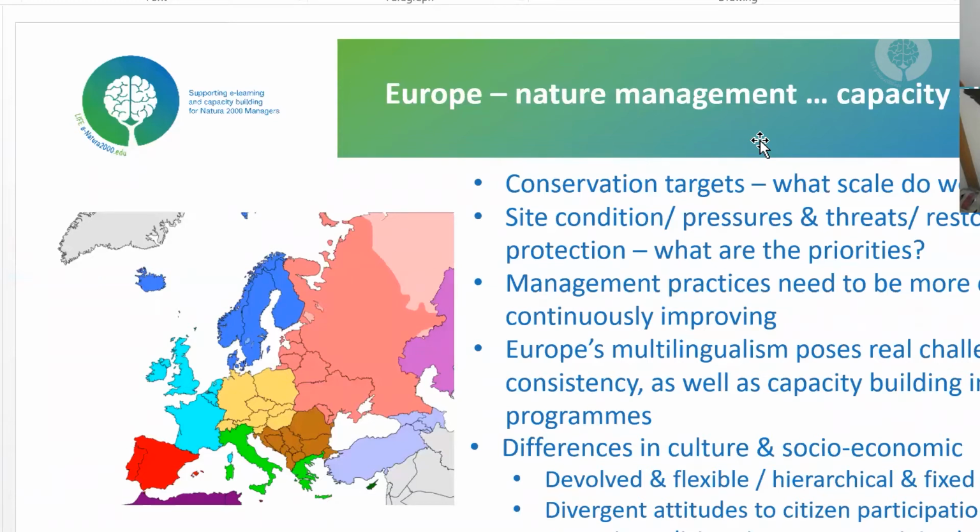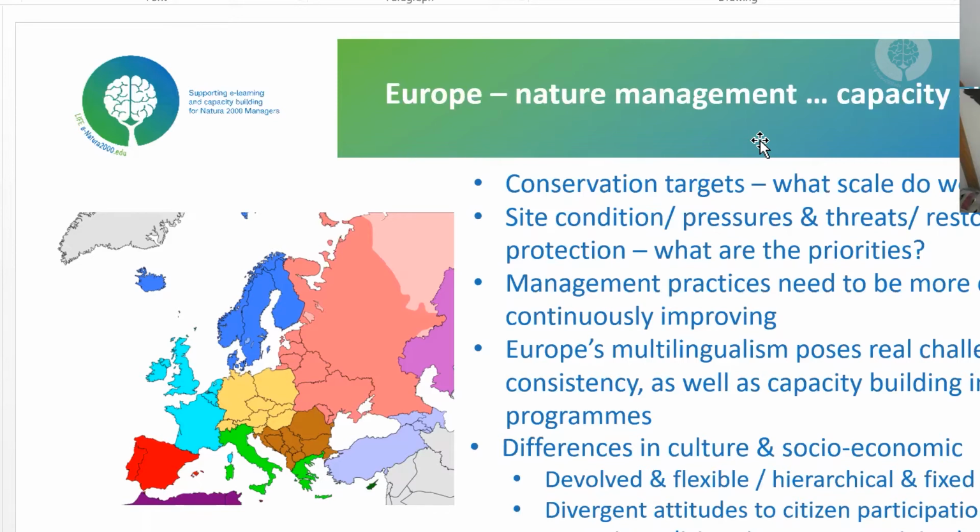Is the imperative to tackle the pressures and threats that are affecting the condition of your site? Or is it perhaps to look at restoration of sites that have been in a poor condition but can be restored so that they're better able to function and improve their condition?